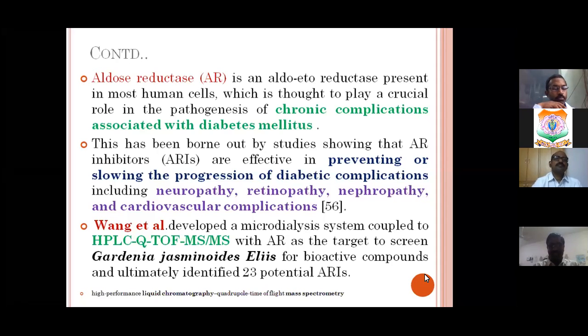Using this enzyme as a target with the help of microdialysis techniques, a scientist called Wang et al. developed a microdialysis system coupled with HPLC, high performance liquid chromatography, quadrupole time of flight mass spectrometry. They used this to identify the various target molecules from Gardenia jasminoides. From this, they were able to identify 23 potential active components for aldose reductase inhibitory activity.